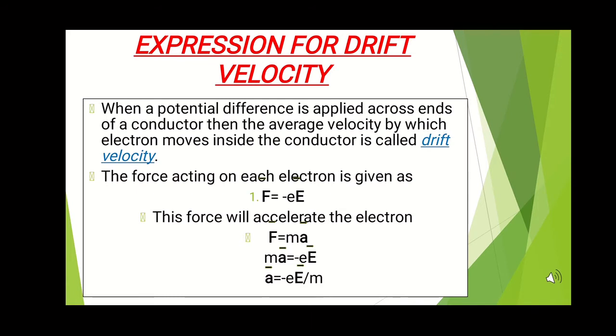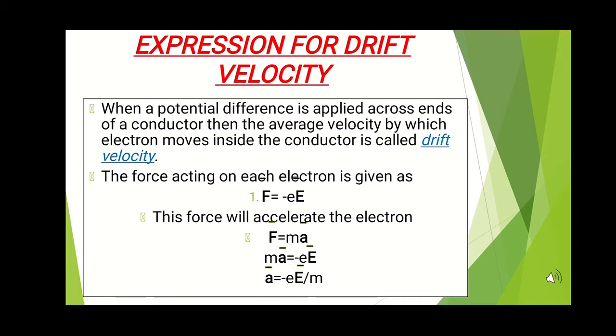Now the expression for the drift velocity: when we apply the potential difference across the ends of the conductor, a force acts on each electron. The expression for force is F = -eE. Here small e represents the charge of the electron, while capital E represents the electric field intensity.